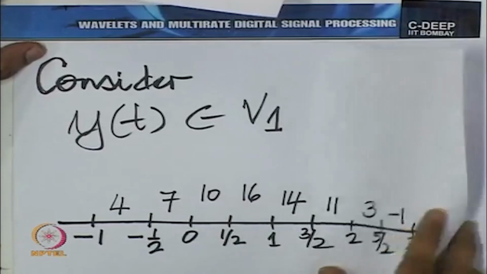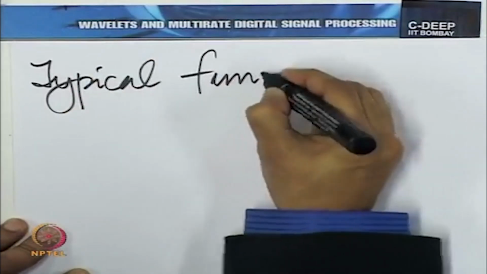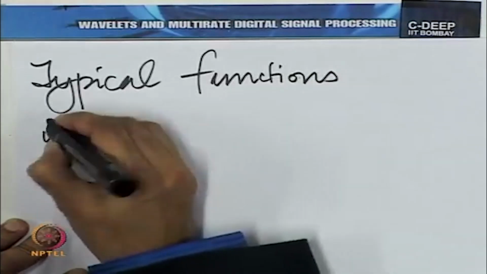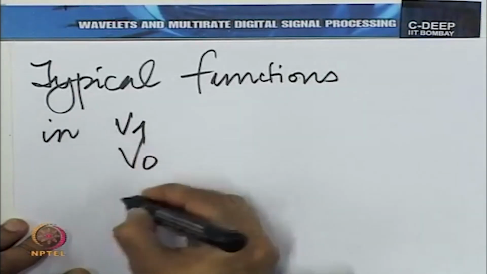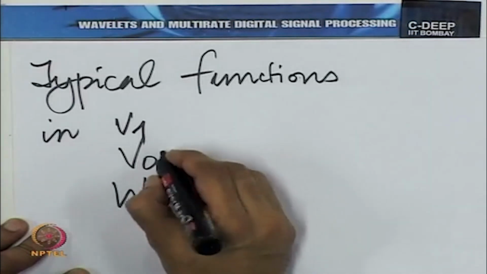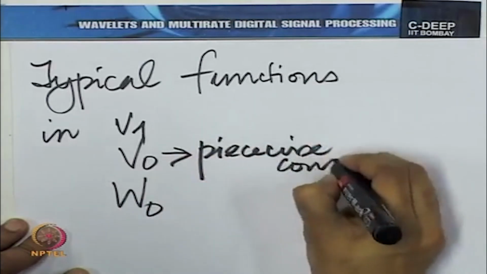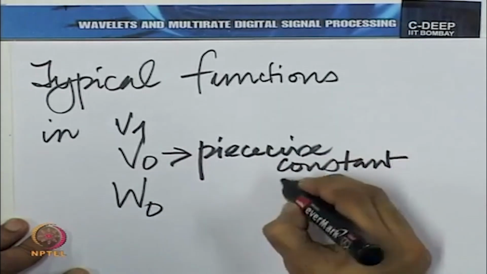Now, just for a minute, let us keep aside the discussion of this particular function and let us look at a typical function in V1, a typical function in V0 and a typical function in W0. So, let us look at typical functions in V1, V0 and W0. Now, these are piecewise constant on the standard unit intervals.